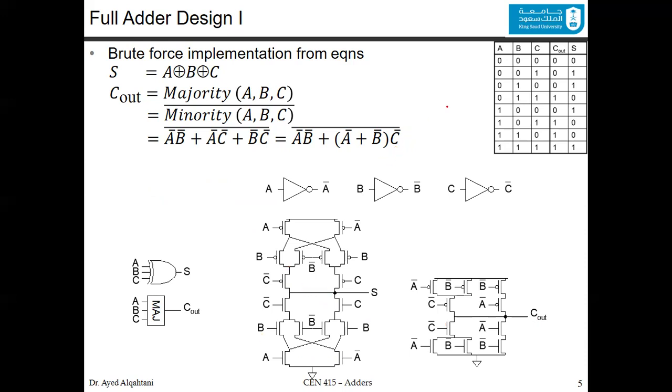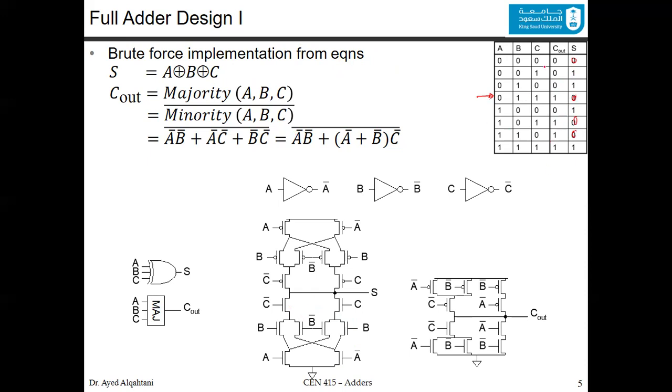So you can see that for the sum, for example, we have A bar, B, and C, which is this min term. This is actually when the sum is equal to 0. So what we are doing is we are looking at the 0. Or you can do it by having the XNOR function, get the min terms for the XNOR function, all bar, and those min terms are the ones that you are going to design below.